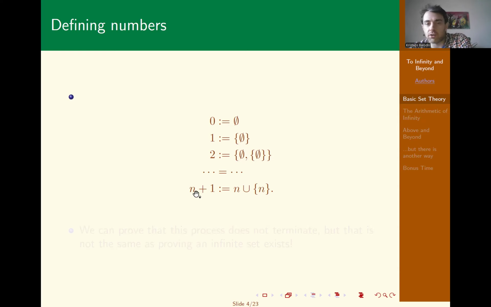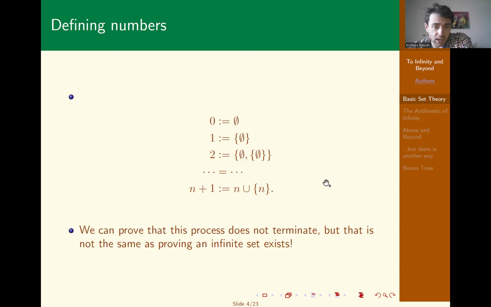The general pattern being that if you've defined n, we define n plus one to be n union {n}. And you can prove that this process will never terminate, that you'll always get a new set from this. So you can prove that there's infinitely many sets.